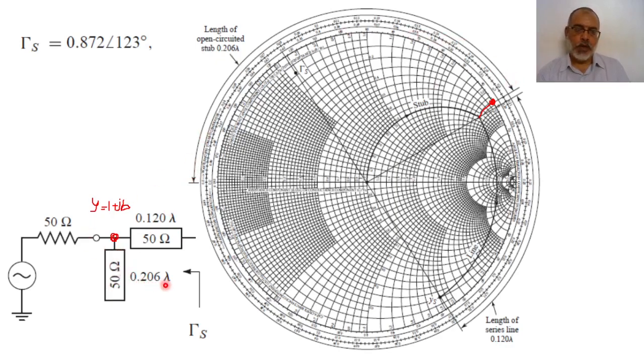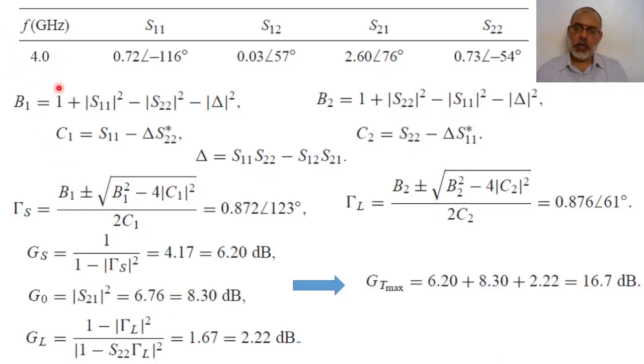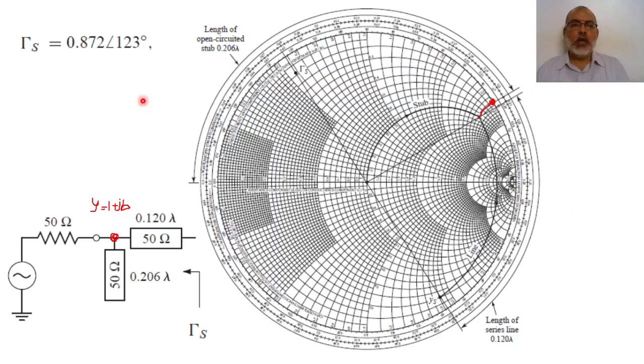lambda. From this, we have already calculated the input matching network. In similar steps, by using gamma load, we have here gamma load equal 0.876 with an angle 61. We can replace this gamma source by gamma load, and we can do the same steps to find the output matching network for the transistor.